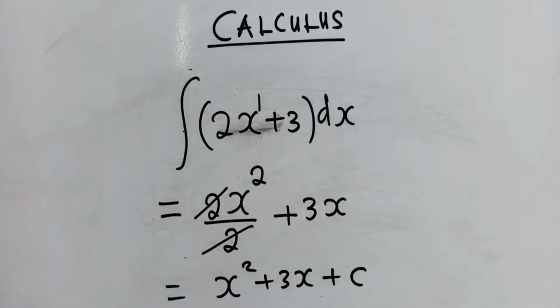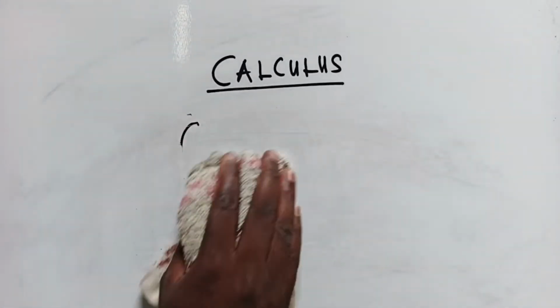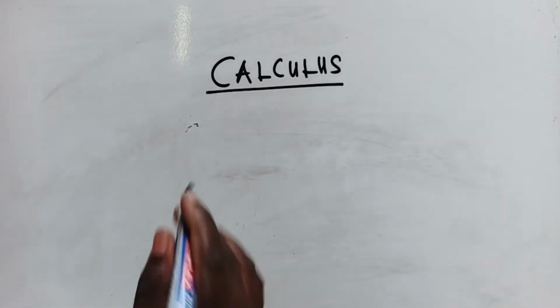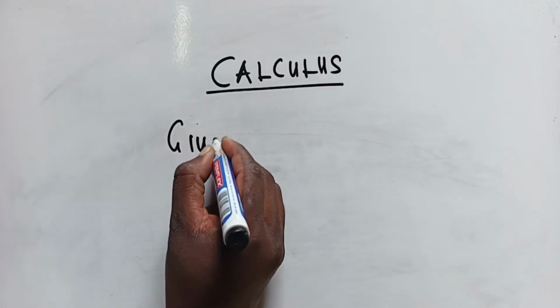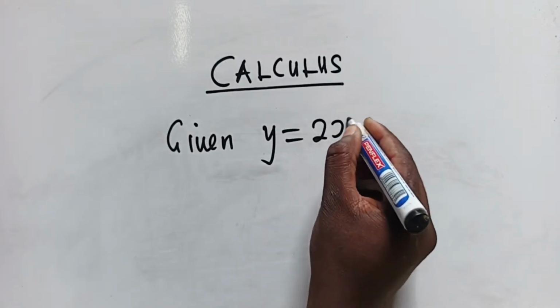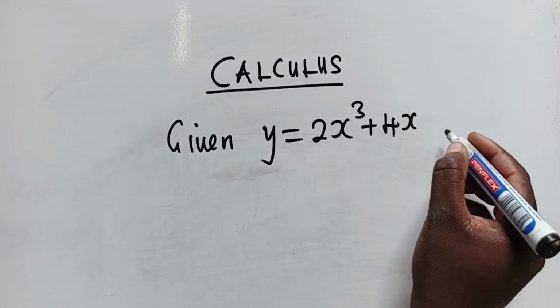Okay. So let's do a little bit of some dy dx right over here. Let's say you've been given y is equal to 2x power 3 plus 4x.